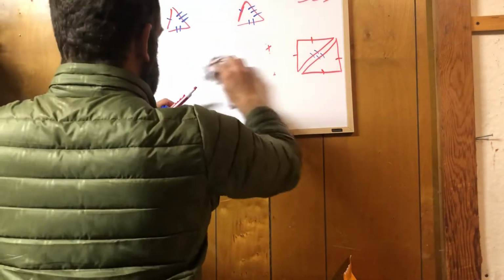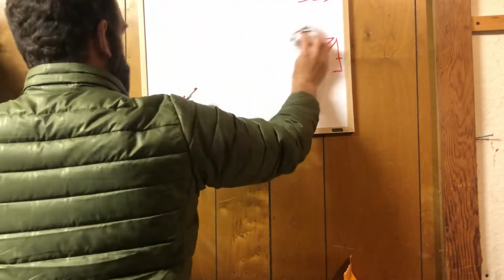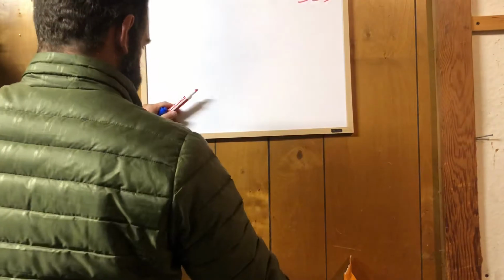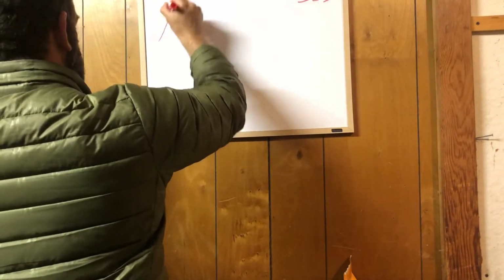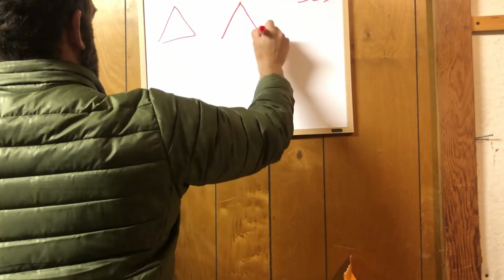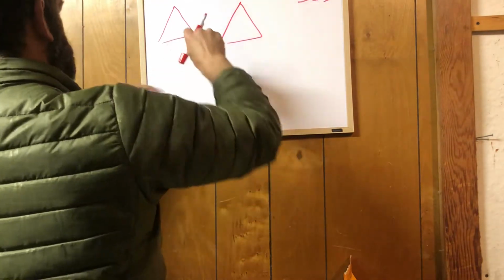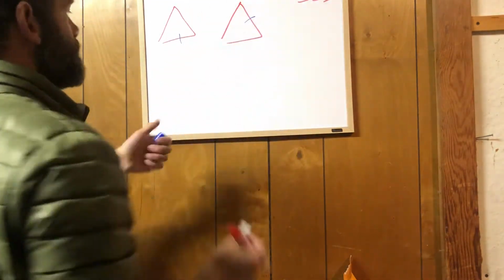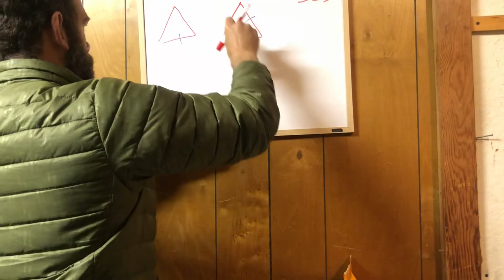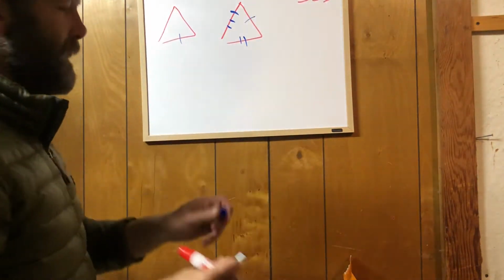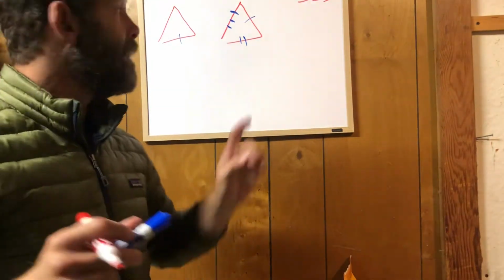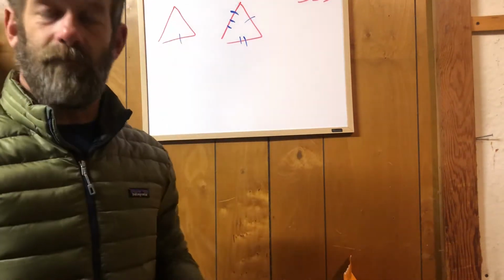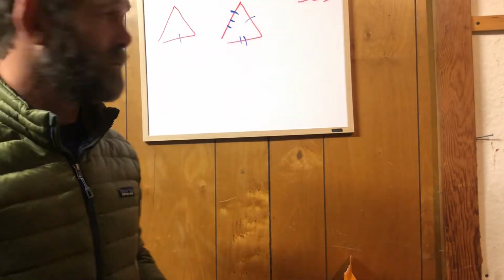Let's take something like this. Let's say I'm given information like this, and I'm told that this side is congruent to this side. That's all I'm told. Or let's say like this. And that's all I know. And I ask you, are these 2 triangles congruent just based off of this information alone?